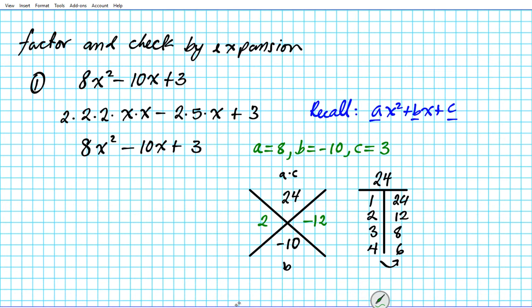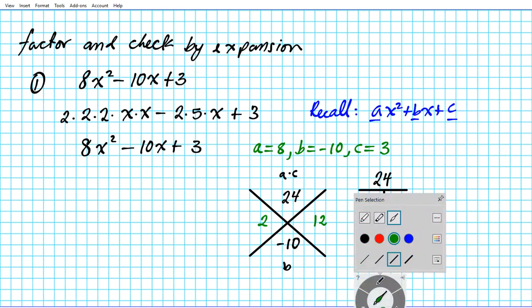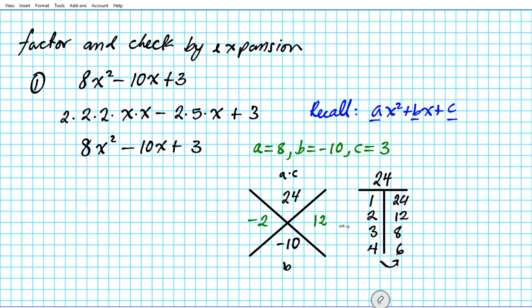So this doesn't work. Let's go ahead and change the sign of the bigger number to a positive, and then let's make the sign of the smaller number negative. It doesn't even work. It doesn't yield negative 10, nor does it yield positive 24. So what does that tell us? It tells us that 2 and 12 is a good distractor, but that's not the combination we are looking for.